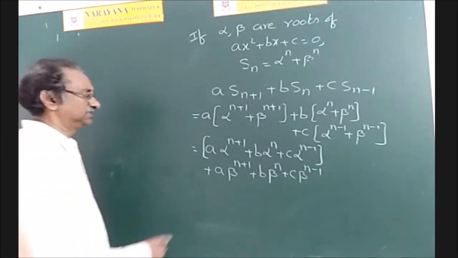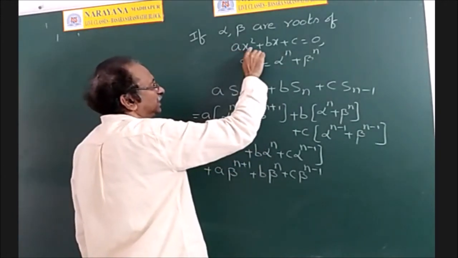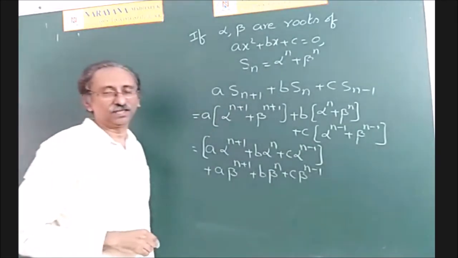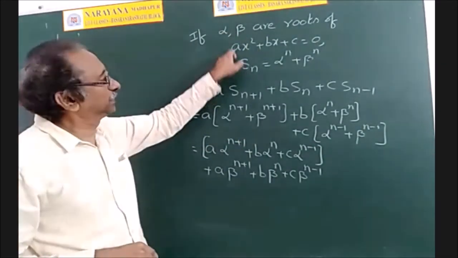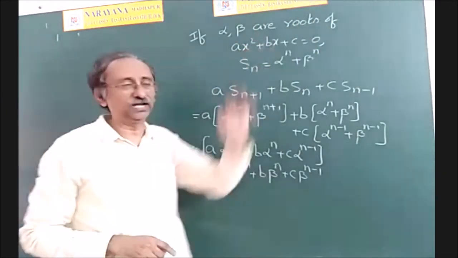Right? And see, alpha is a root. Therefore, whenever a alpha square plus b alpha plus c appears, I can write 0. Similarly, beta is a root. Therefore, whenever a beta square plus b beta plus c is there, I can write 0.